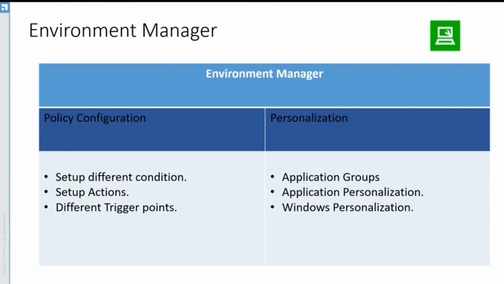You can run it at computer startup, or maybe session locked, session unlocked, or when the network is connected. So you have different options in Environment Manager for when you want the action to run. For example, suppose you have changed the VPN, and when this particular VPN is connected you want a particular registry setting for the user.